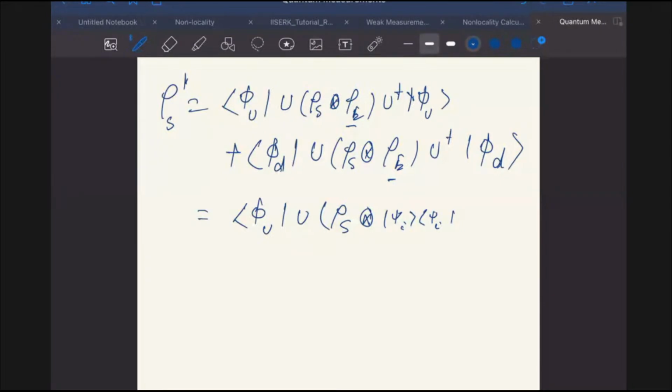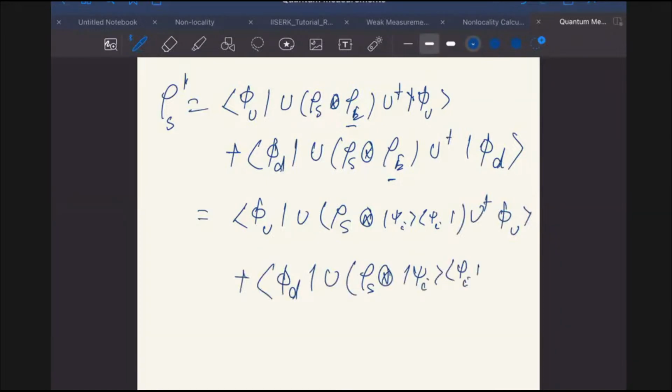So U (ρ_s ⊗ ψ) U† φ_u and also φ_d U (ρ_s ⊗ ψ) U† φ_d. Okay, so this is my whole thing. This unitary is over the whole thing, the environment and the system. If they have dimension 2 and 2, the unitary will be a 4 cross 4 matrix.